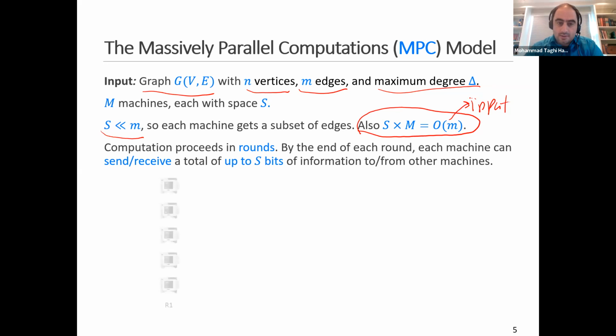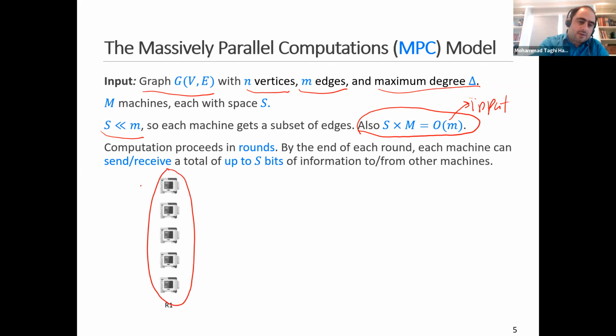So let's see this one. These are the computers that we have. You can consider this a cluster of computers. If you are familiar with the concept of Kubernetes, this is some kind of cluster, and each of these computers is considered a node in the cluster.